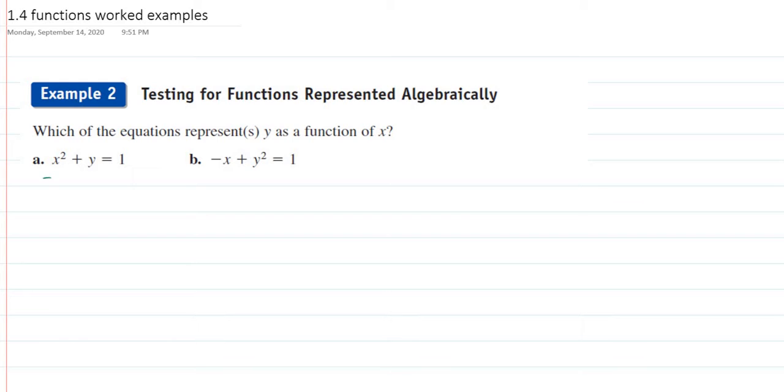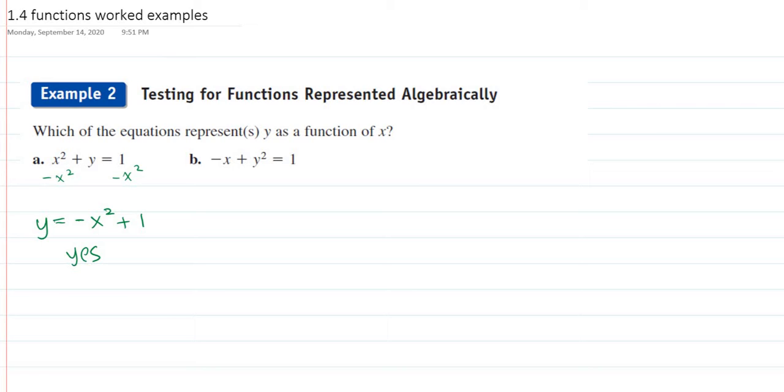So here, let's subtract x squared, and we get y equals negative x squared plus 1. In this case, for each value of x, there would be a particular y value. So yes, this does in fact represent a function.